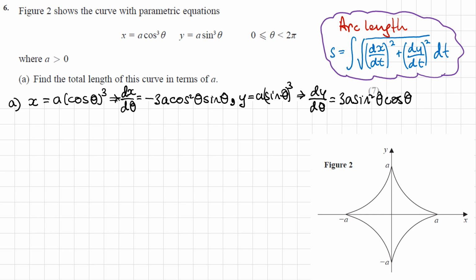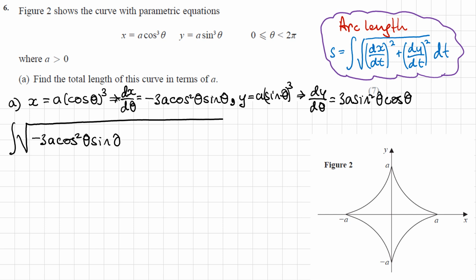So my arc length is going to be the square root of my dx d theta all squared, so that's minus 3a cos squared sine theta squared plus dy d theta squared, so that's 3a, times sine squared theta cos theta, d theta.